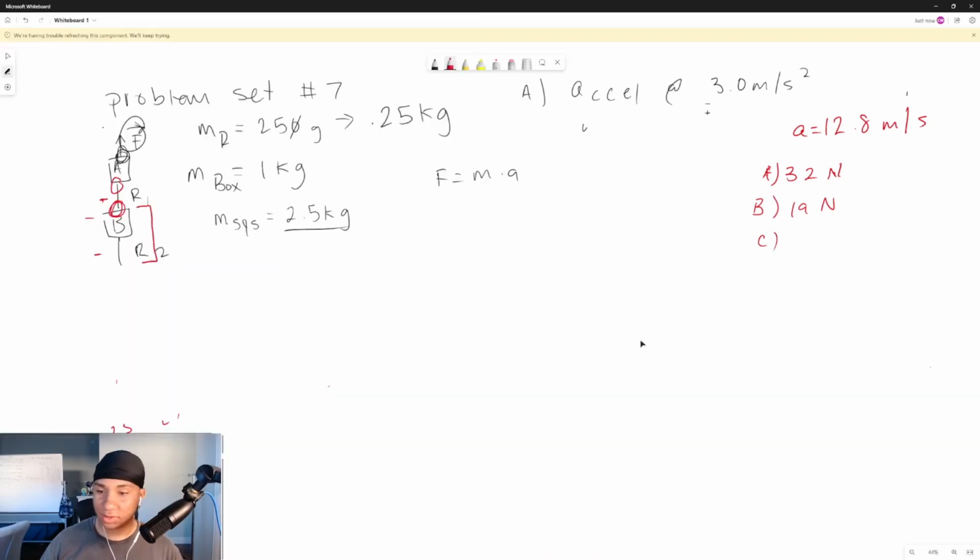So you add this 1 kilo and you add this rope, so it's 1.25. That makes sense. So we do 1.25 kilograms times your acceleration, which we know is 12.8 meters per second squared, and you would get an answer of 16 newtons.